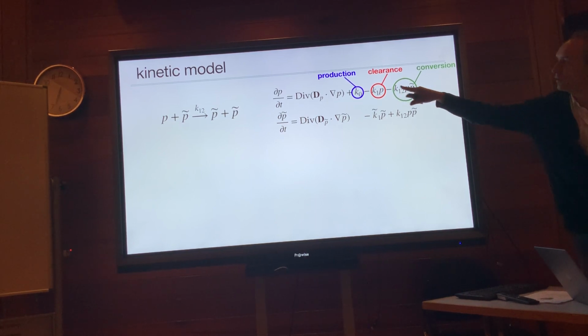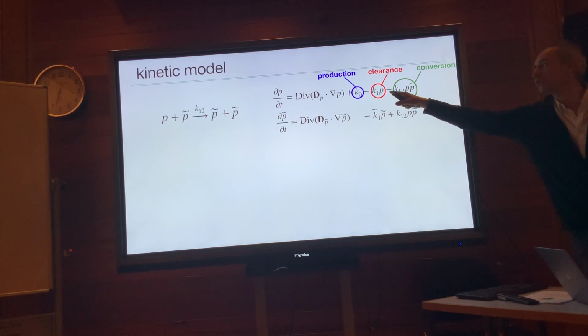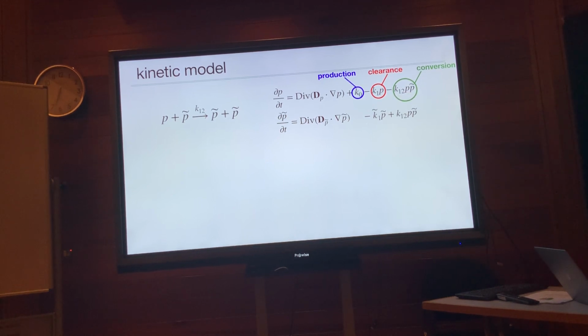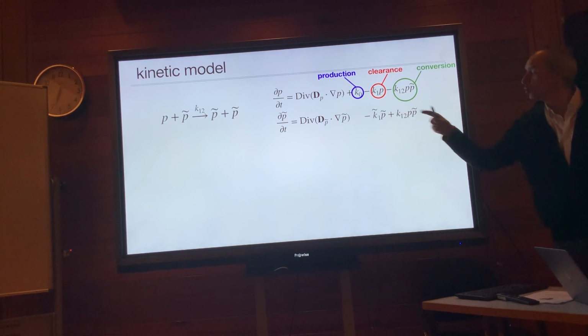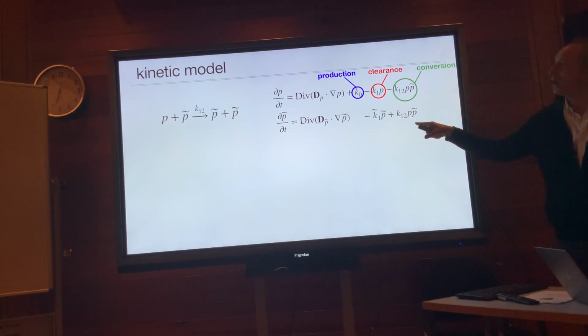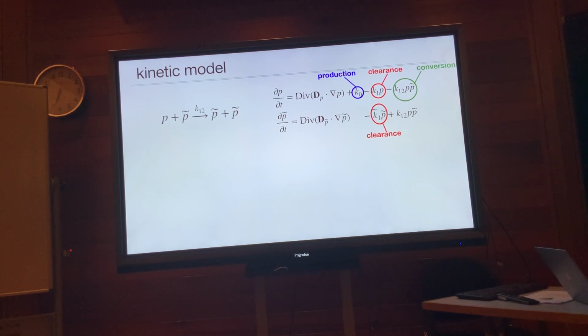So you remove that, the rate of change is negative, that's the minus sign, at a rate K12. The toxic protein is also cleared, but it's only created, there is no source term by itself, it's only created by the healthy protein. So you have a clearance term and you have a conversion term.